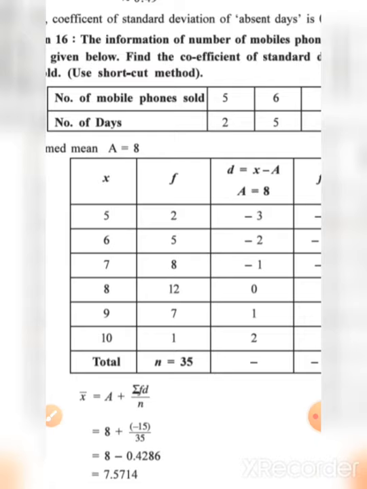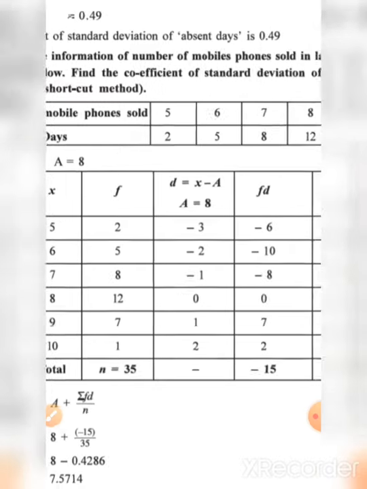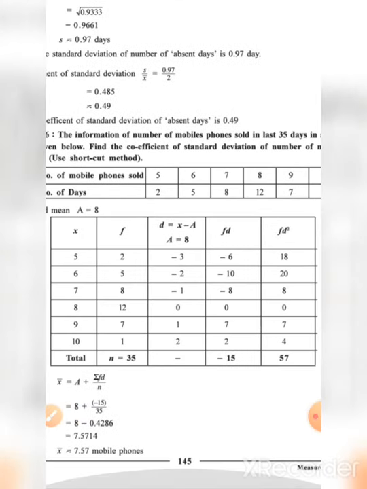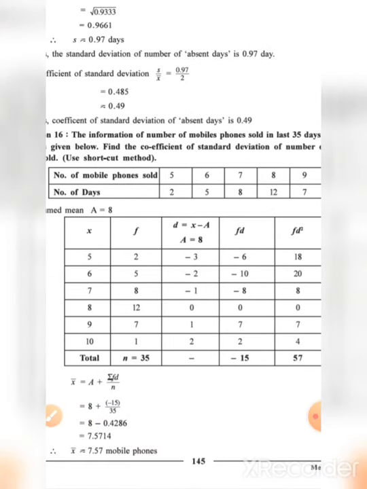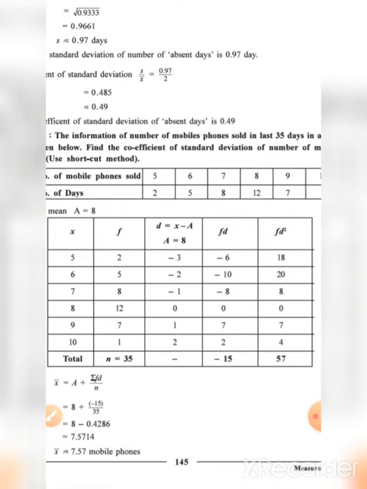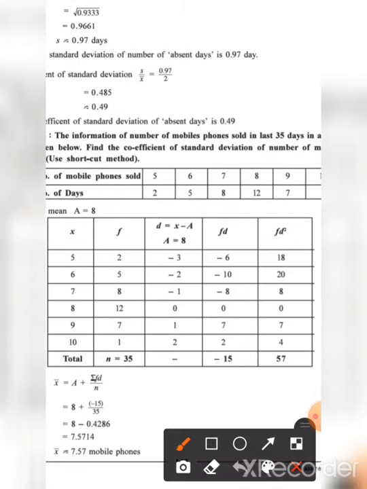Now, to find out the standard deviation, children, as per the formula, if we are using the shortcut method, right? Before that, I just want to discuss one thing. See the deviation over here. Your deviation is x minus a, that is x minus assumed mean.